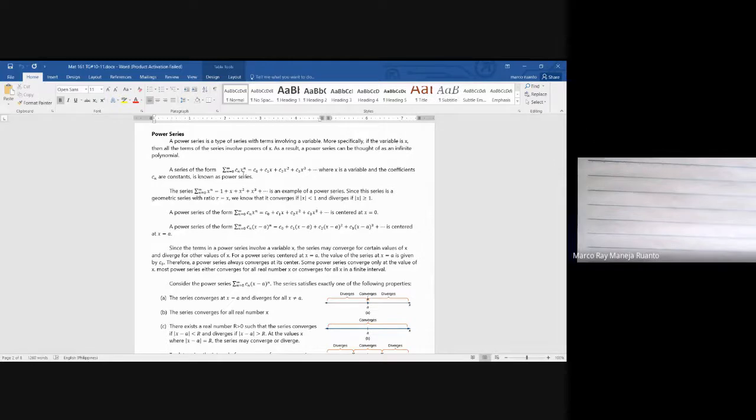If we try to recall from physics, light is an example of an electromagnetic wave, and an electromagnetic wave follows a sinusoidal form.